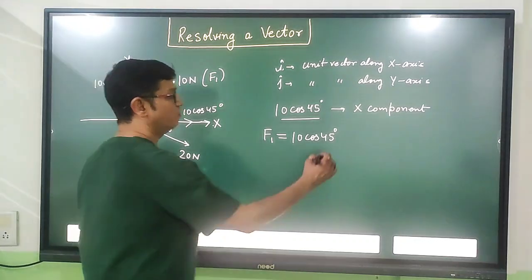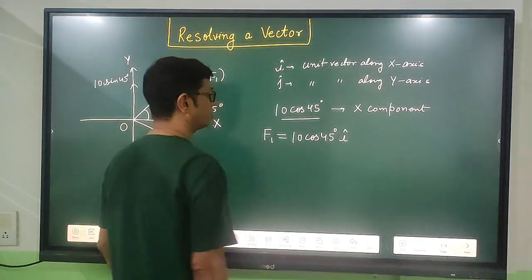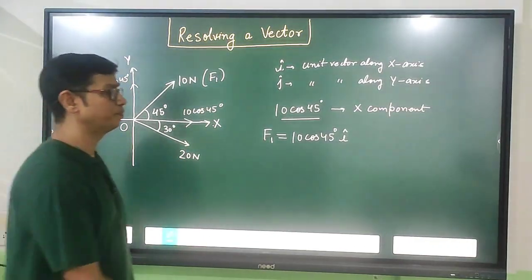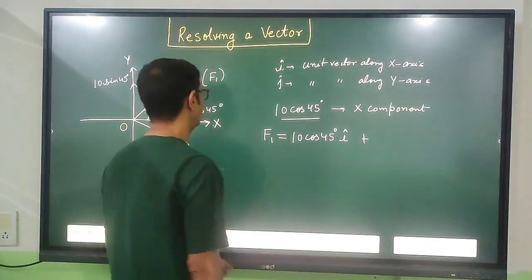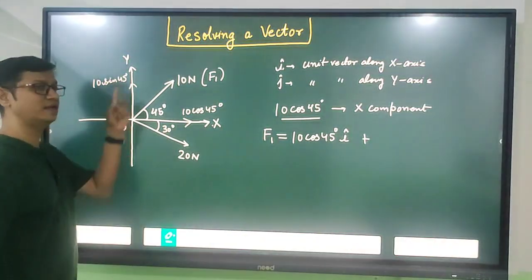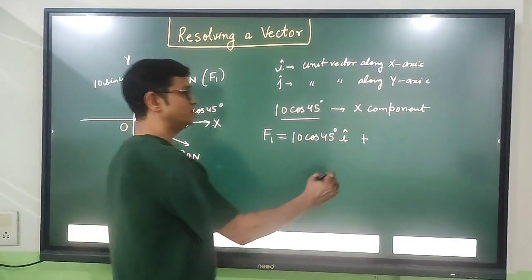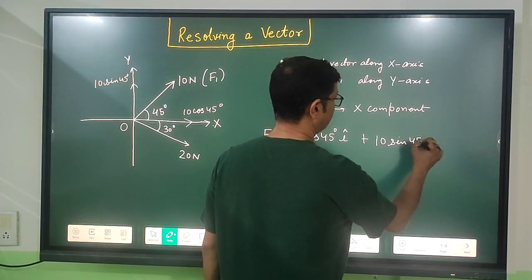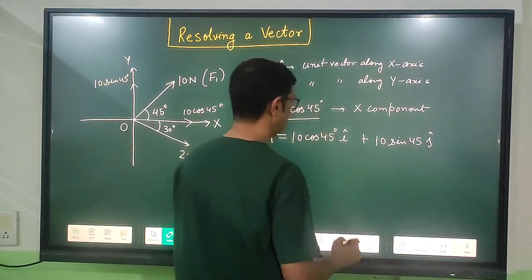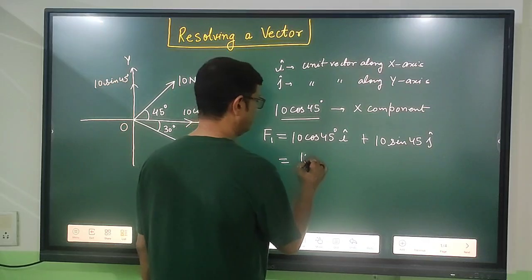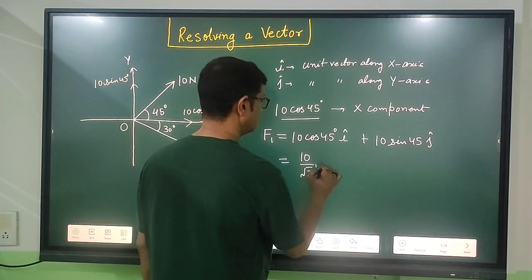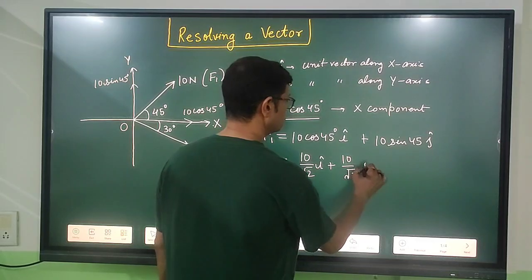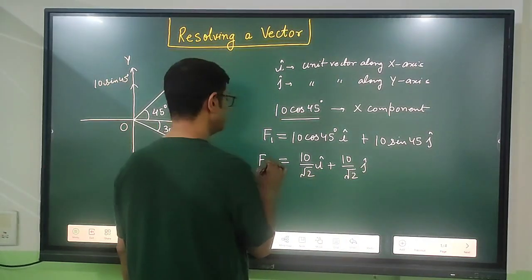To give it direction, we have to multiply it with i cap, because this is pointing towards the positive x direction, plus another component along the positive y direction. Yes, you have guessed it right, this will be 10 sin 45 and then j cap. If I plug in the values, this will be 10 by root 2 i cap plus 10 by root 2 j cap. This becomes my F1.